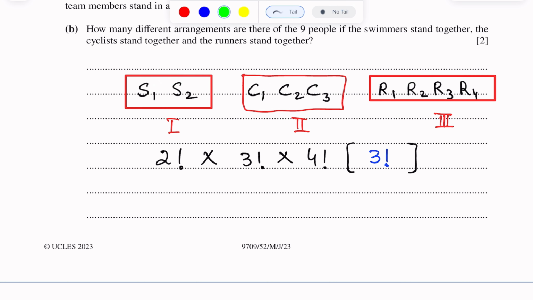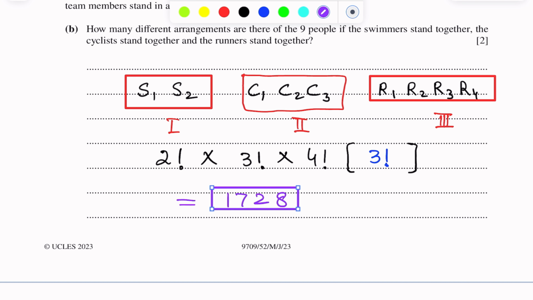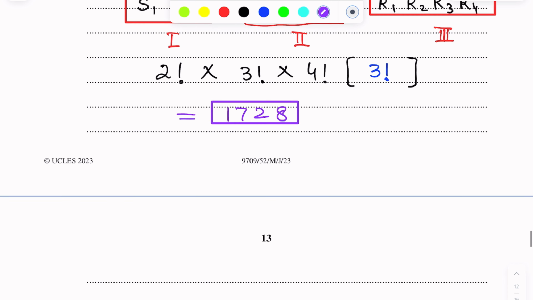We can arrange these groups in 3 factorial ways. 3 factorial means 6 ways. So multiplying these, after calculation, we get the answer is 1728. This is the final answer. We can arrange them in 1728 ways.